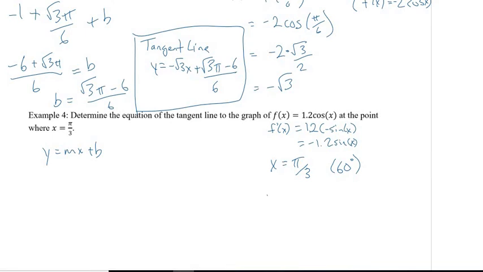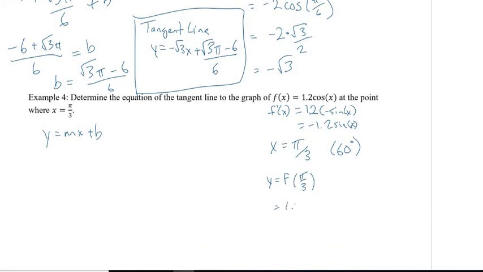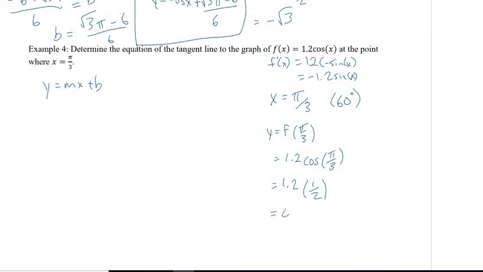And then we have y is equal to f of pi over 3, which is equal to 1.2 times the cosine of pi over 3. And in this case, cosine of 60 is a half. So that's going to be half of 1.2, or 0.6.